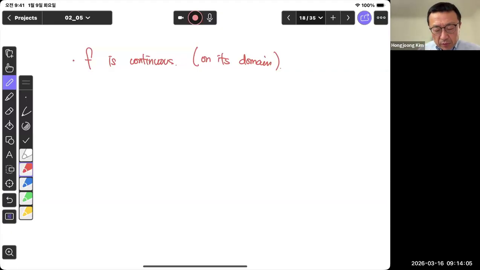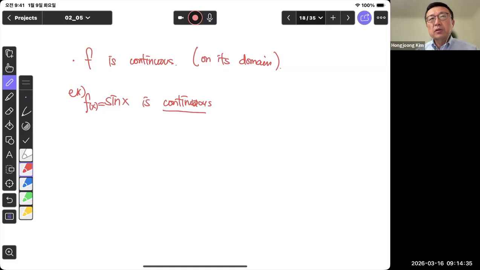So as an example, we say the function f of x defined by sine x is continuous. We simply say this function is continuous. That means it is continuous at every point in the domain of the sine function. Now, what is the domain of the sine function? Every real number. So this sine function is continuous at every real number.